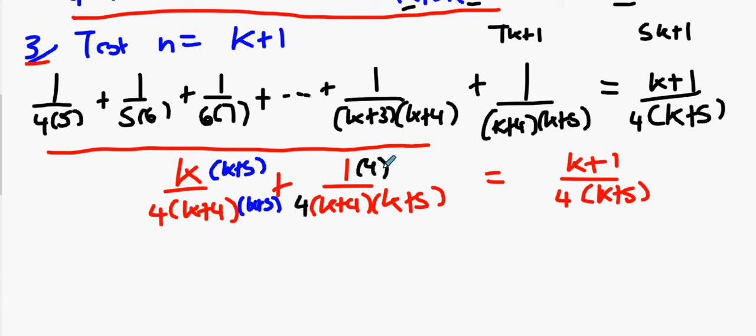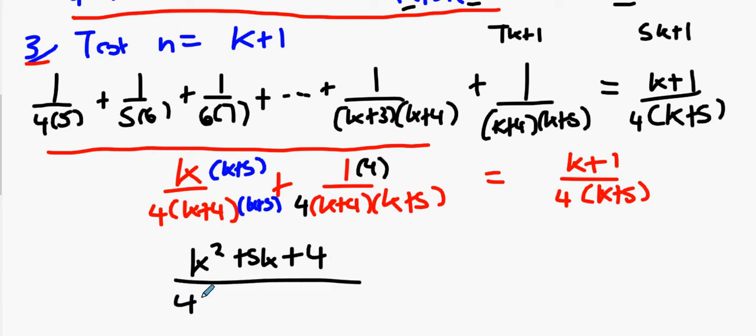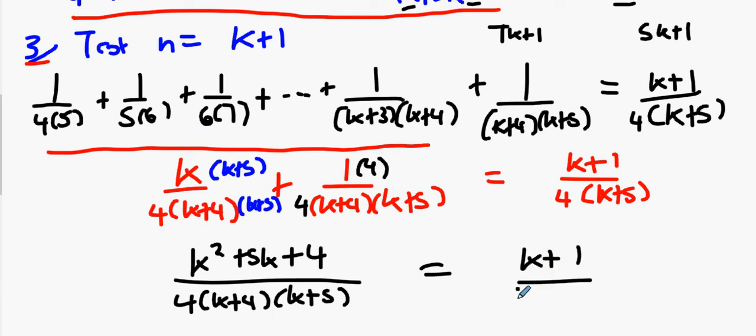And here's hoping we can make something out of this. So on top I'm going to have k squared plus 5k plus 4. And on the bottom I'm going to have 4 times k plus 4 times k plus 5. And I'm hoping that that will equal k plus 1 over 4 into k plus 5.